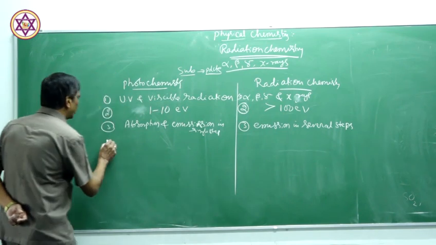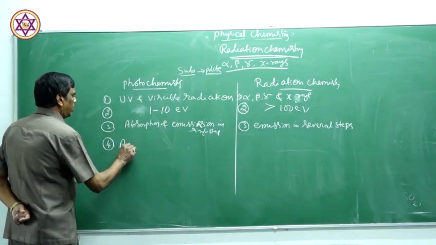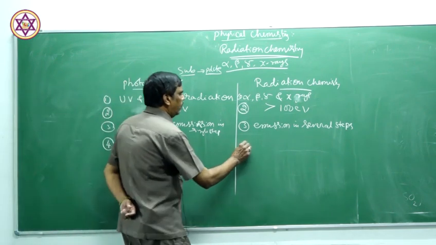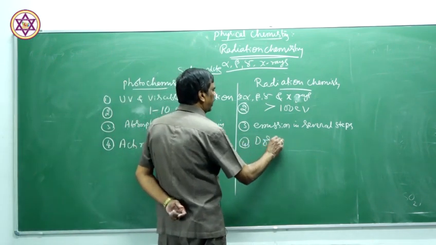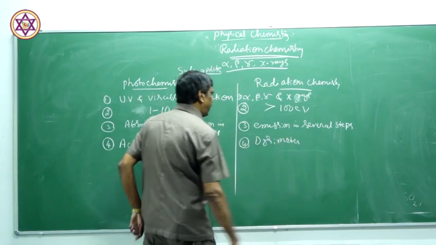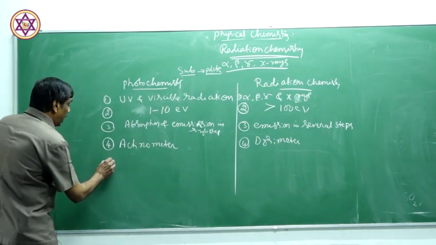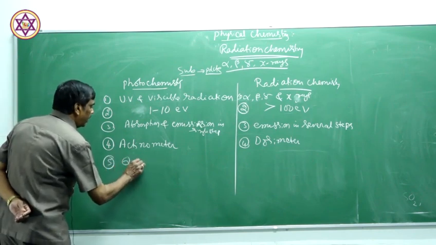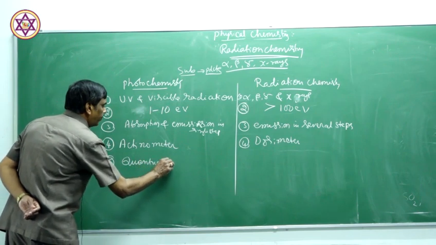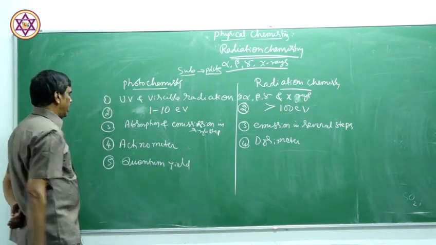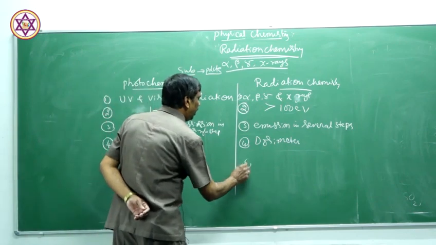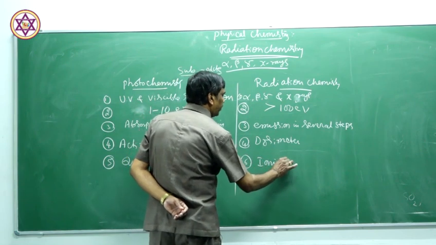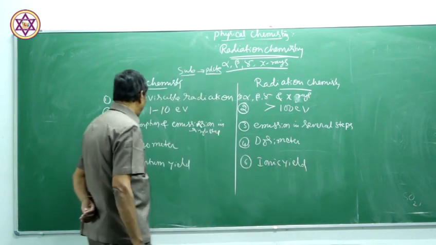And the instrument we use for photochemistry, as you know, is the actinometer. Here we use the dosimeter. Using an actinometer, we calculate the quantum yield of the reaction, whereas here we measure the ionic yield using a dosimeter.